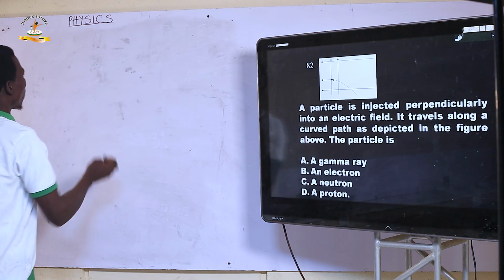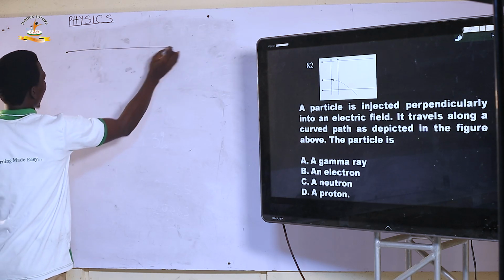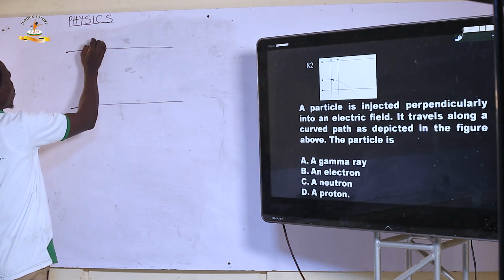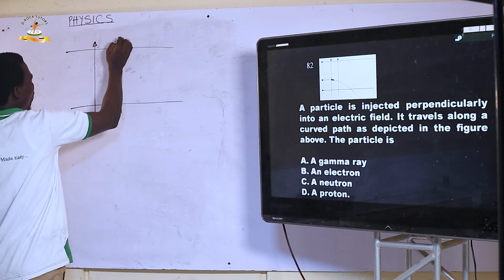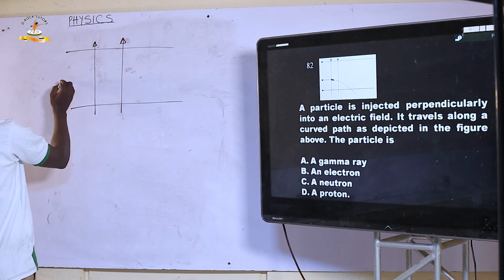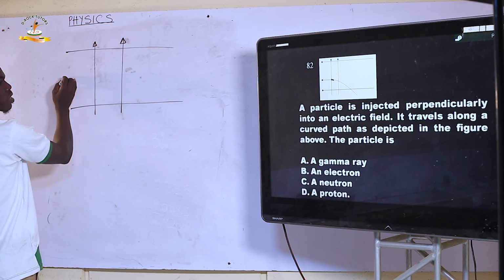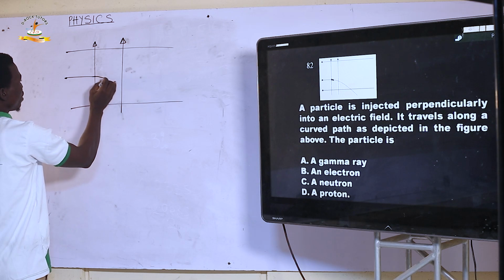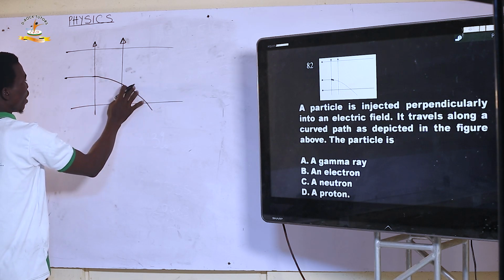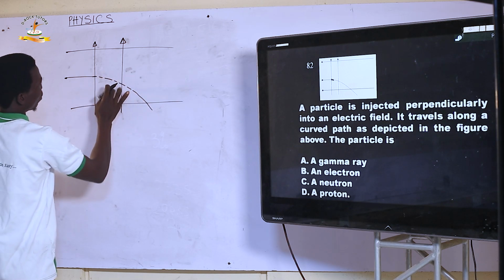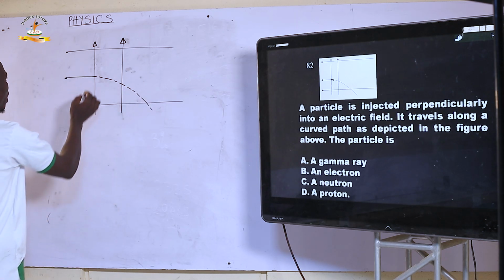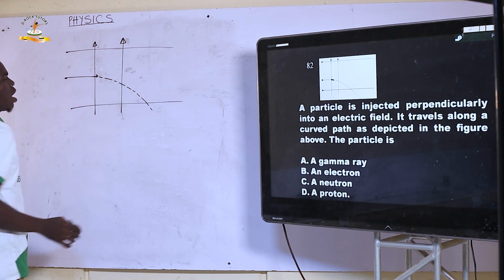Now we have some point charges and we have the field created. So there is an arrow that points up, and there is a particle that was sent into this. However, when it goes to this line, it got deflected, and you can see the motion became deflected.